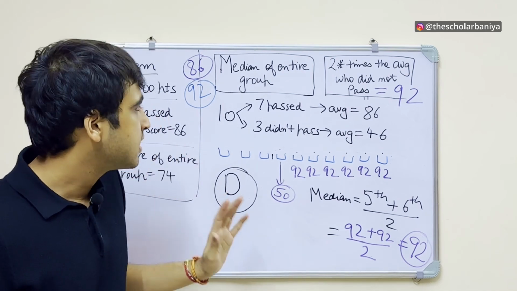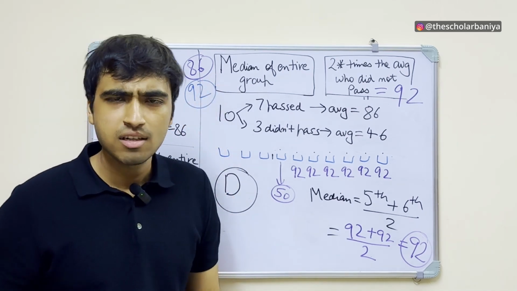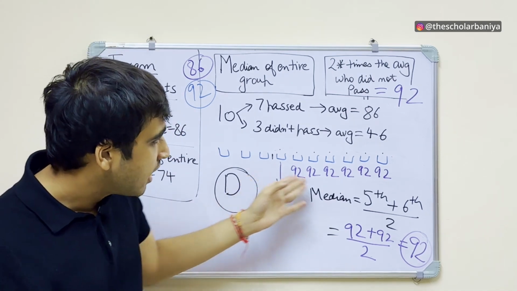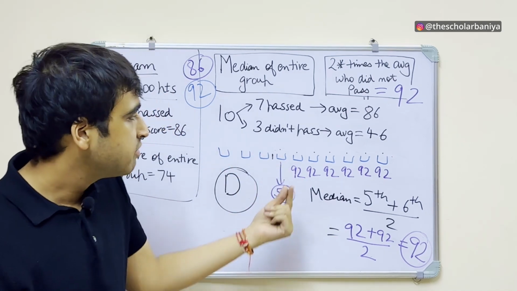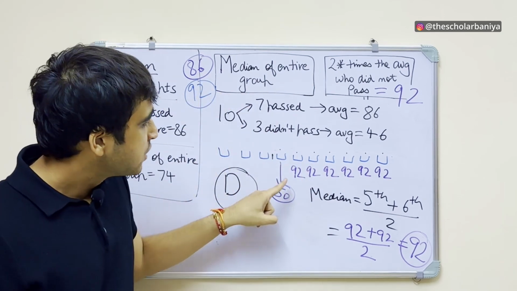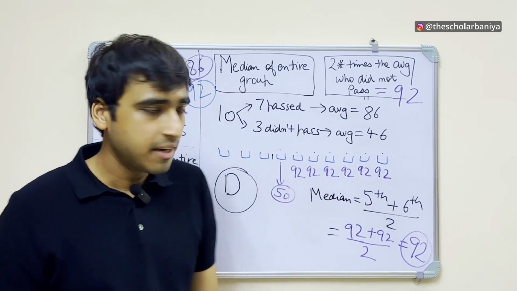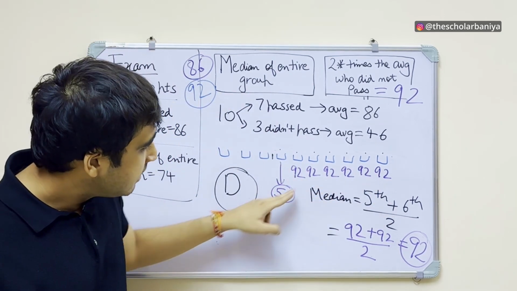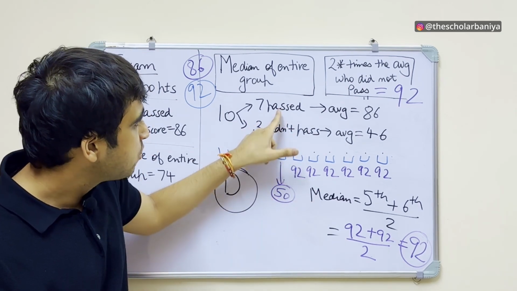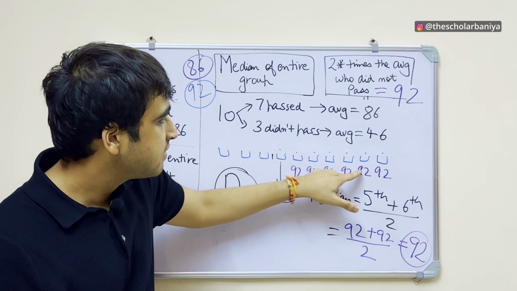So what we did was that firstly we found the median in a very simple case. Then we took another extreme case because we wanted to find a median that is bigger than 86, right? So this is one possible case, right? Why? Because in this case all the conditions are being satisfied. In this case 7 students have passed, 1, 2, 3, 4, 5, 6, 7, right?